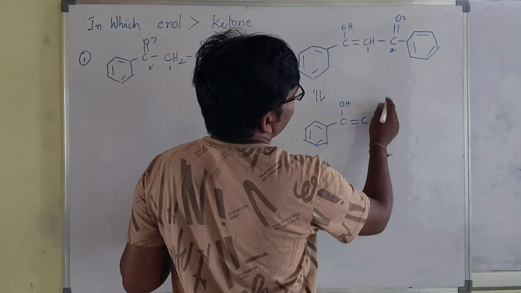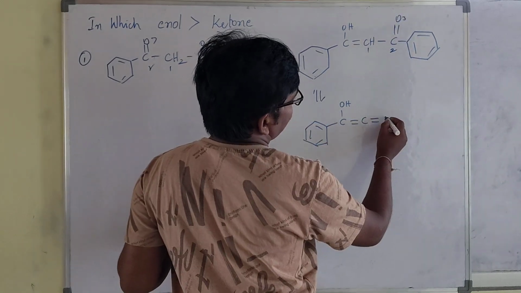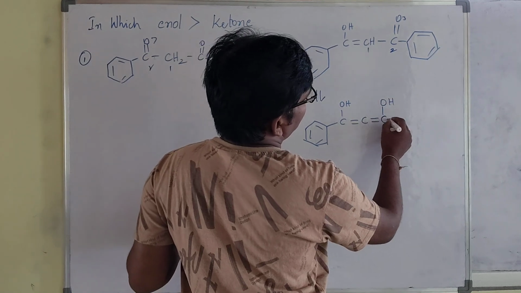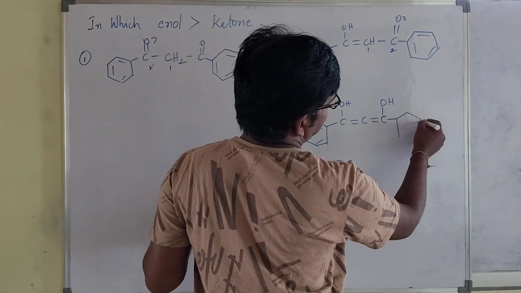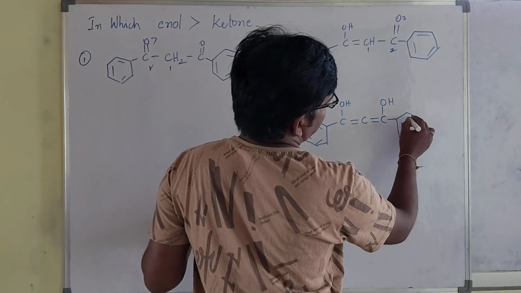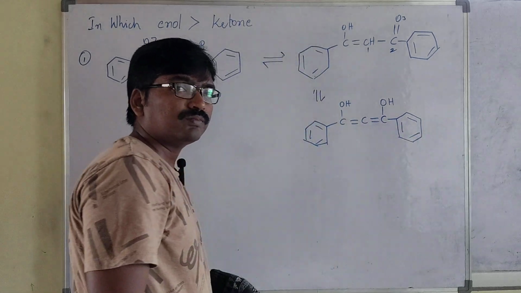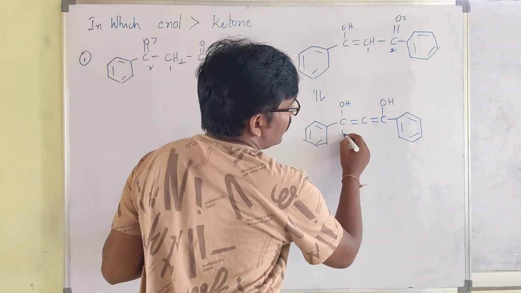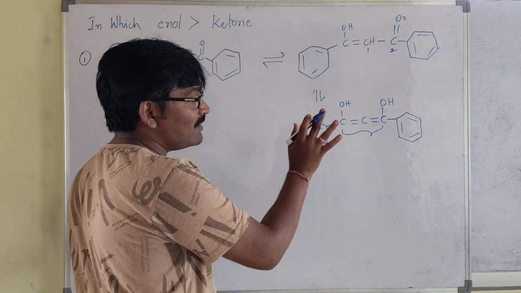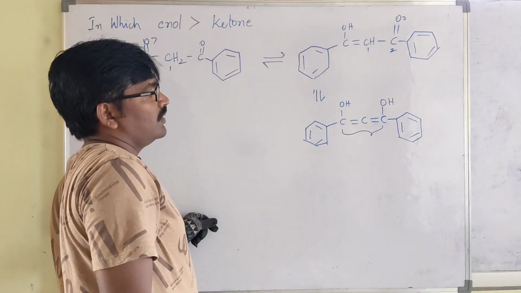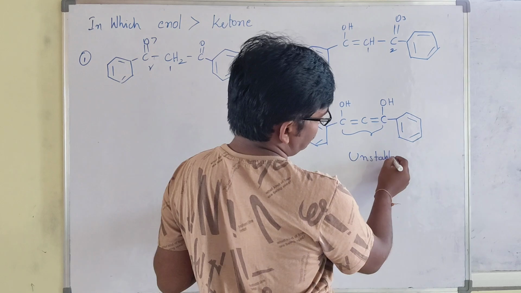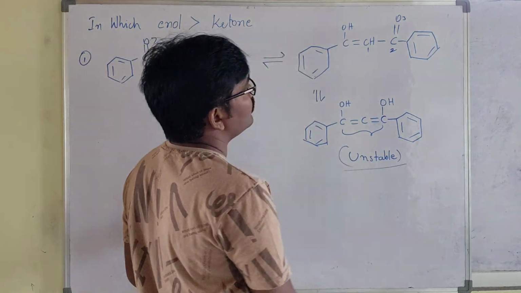From here to there, then C double bond C, then bond OH, like this. Observe it: here two double bonds are beside each other, so it is an unstable compound. This is not stable.